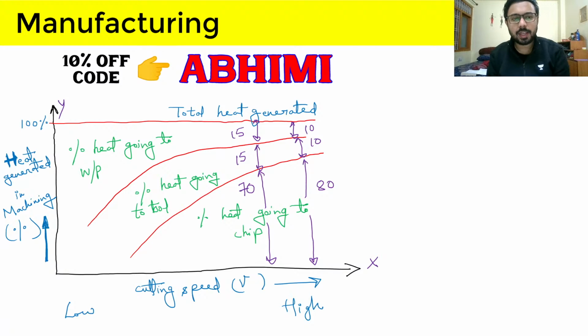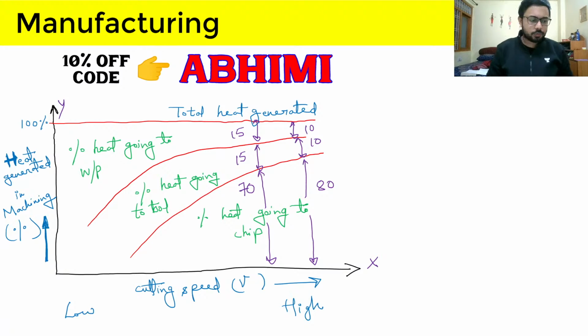For high cutting speed, I have given you two sets of values. The first set has 15% heat going to the workpiece, 15% going to the tool, and the rest 70% going to the chip. Then we have 10% going to the workpiece, 10% going to the tool, then 80% that is left going to the chip.